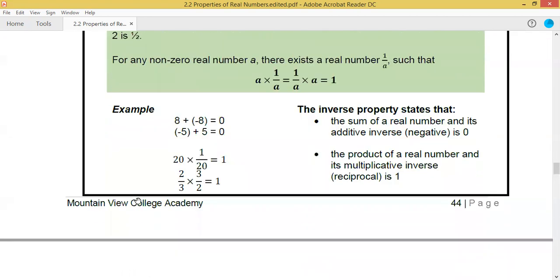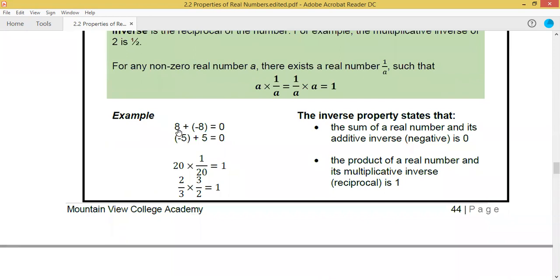Let's have more examples. 8 plus its opposite, negative 8, the answer is 0. So this is an inverse property. Negative 5, what's the opposite of negative 5? It's 5. So the answer is 0. Or 20. You multiply it to its multiplicative inverse, that's 1 over 20.